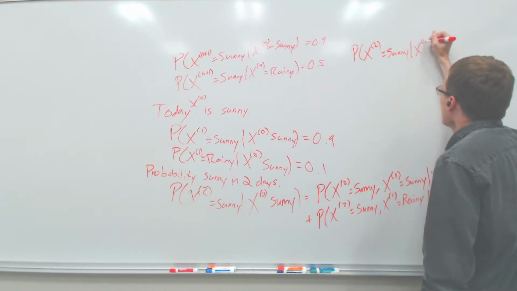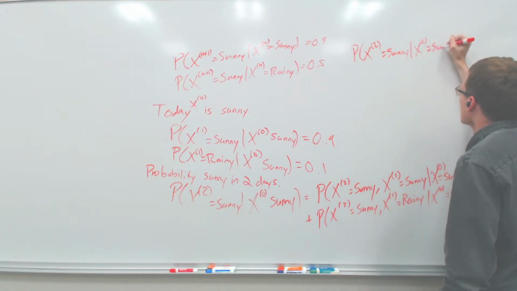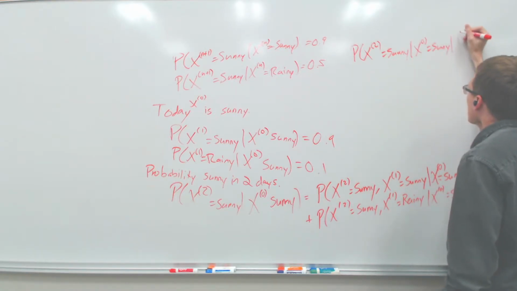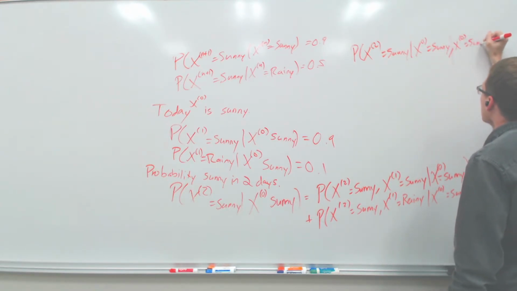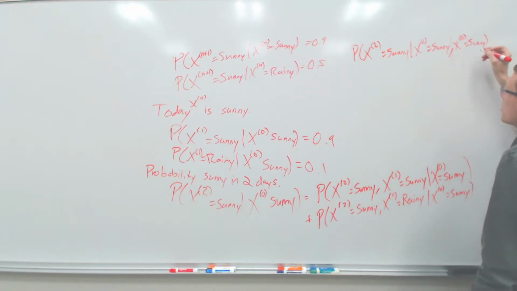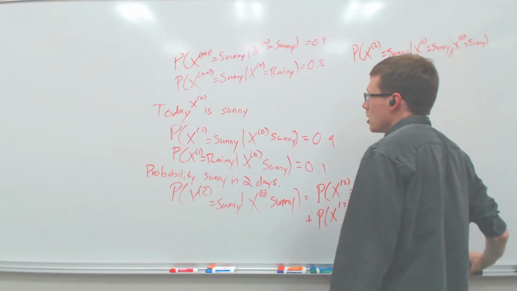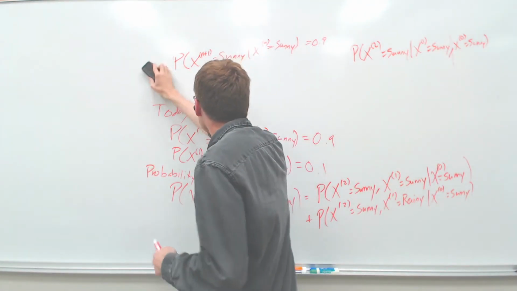So that one is going to be equal to the probability of x2 equals sunny, given x1 is sunny, and also x0 is sunny, times the probability. I don't have enough space here. Let me erase and do it on the other side.